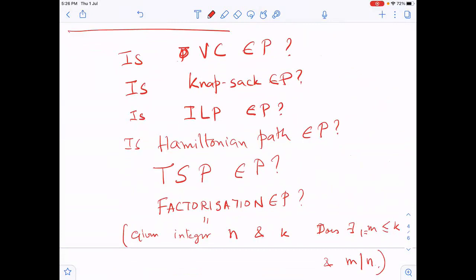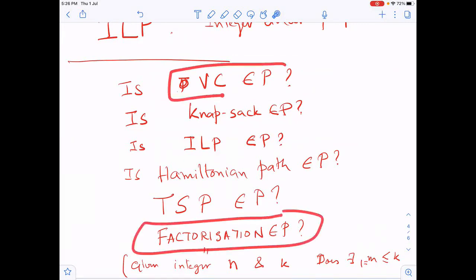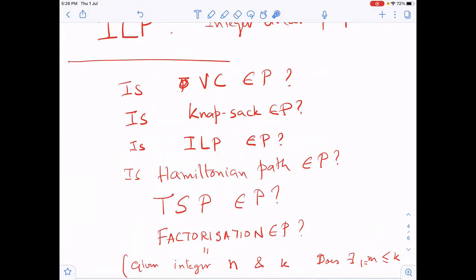The concept of P seemed to be very nice, but then they realized that there is some difference. For example, there is a difference between this problem and this problem. What is the difference?